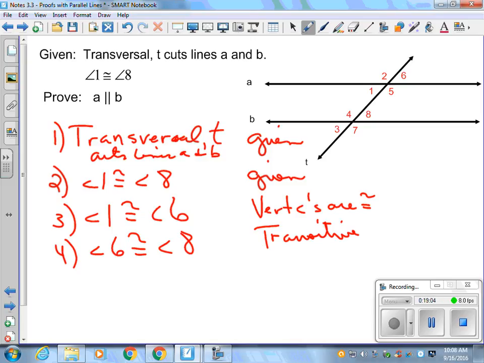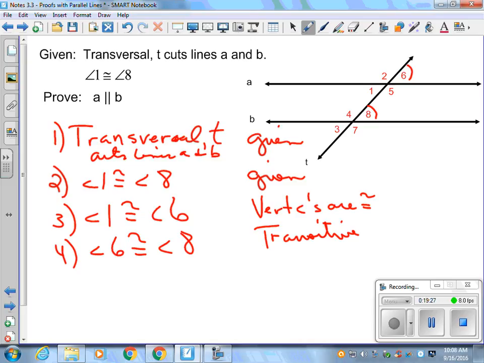So now that I know that these angles are congruent, and from my picture they're corresponding, because they're in the top right on both positions, then I have the situation of doing the opposite of what I did on the first proof. I now can say the corresponding angles are congruent, so the lines have to be parallel if they're cut by that transversal.